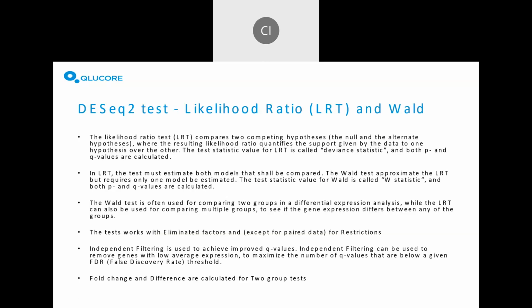It improves the Q values, and it works in a manner where you then remove genes that have a low average expression to maximize the number of Q values that are below a given false discovery rate threshold. So that's something that we have as a default for the test, but you can select to change it or not to have it as a part of the test. And both fold change and difference are calculated for two group tests.